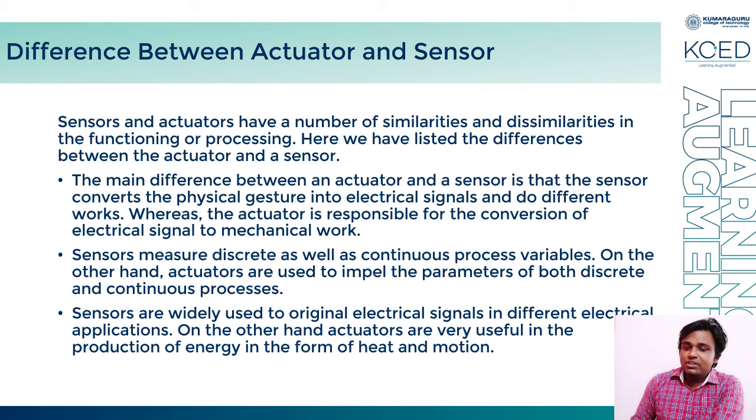The sensors measure discrete as well as continuous process variables. On the other hand, the actuator is used to impel the parameter of both discrete and continuous processes. The sensors are widely used in electrical applications. On the other hand, the actuators are very useful in production of energy in the form of heat and motion. So this is what sensors and actuators do in real time.